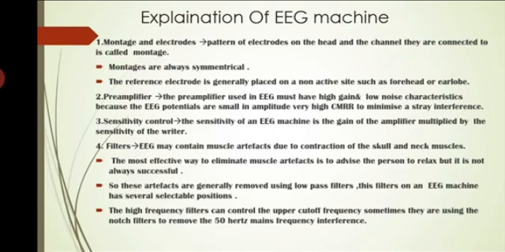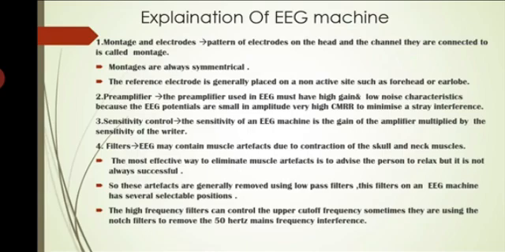Second, the preamplifier. The preamplifier used in EEG must have high gain and low noise characteristics because the EEG potentials are small in amplitude. A very high CMRR is needed to minimize stray capacitance.